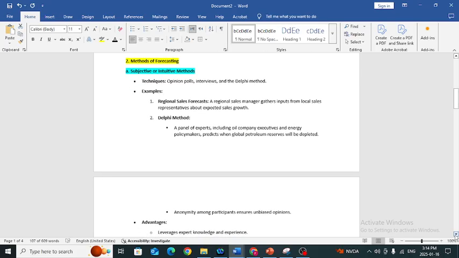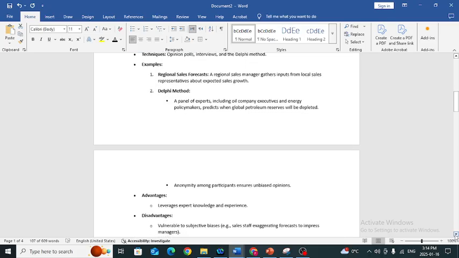In the Delphi method, most of the time they keep the names of the experts anonymous, because anonymity among participants ensures unbiased opinions. Like all methods that you can use for forecasting in your business, these methods have advantages and disadvantages.